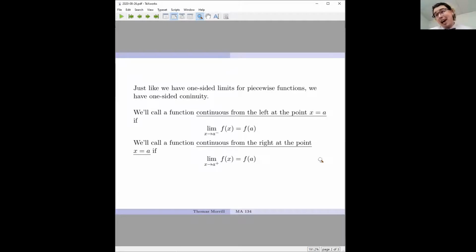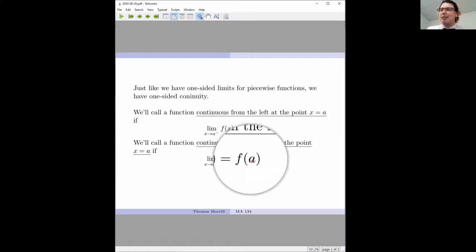Now, if we can do left side, we can do right side as well. And that's just saying that if the limit coming in from the right of the coordinate x equals a is equal to the evaluation of the function f at a, we'll call that right-hand continuity or right-side continuity, or the function is continuous from the right.